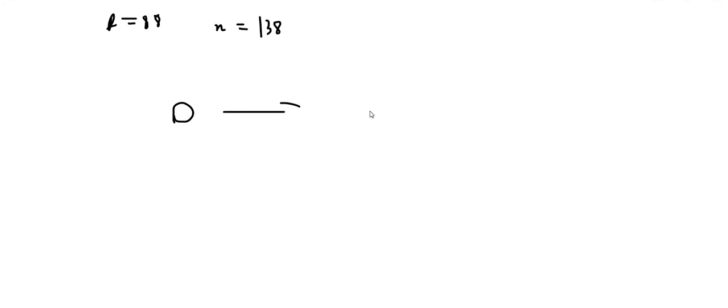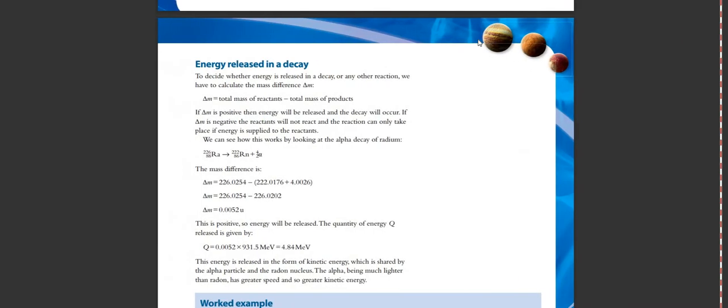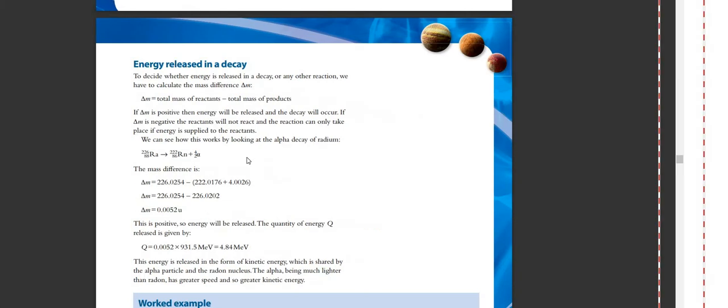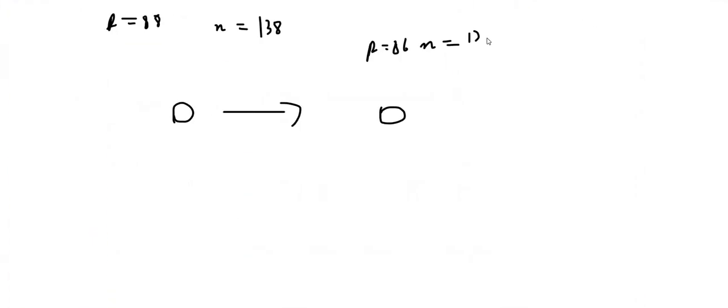So this decays into radon, which has 86 protons and, wait, hold on, it has 136 neutrons. And it gives you an alpha particle, which has 2 protons and 2 neutrons.